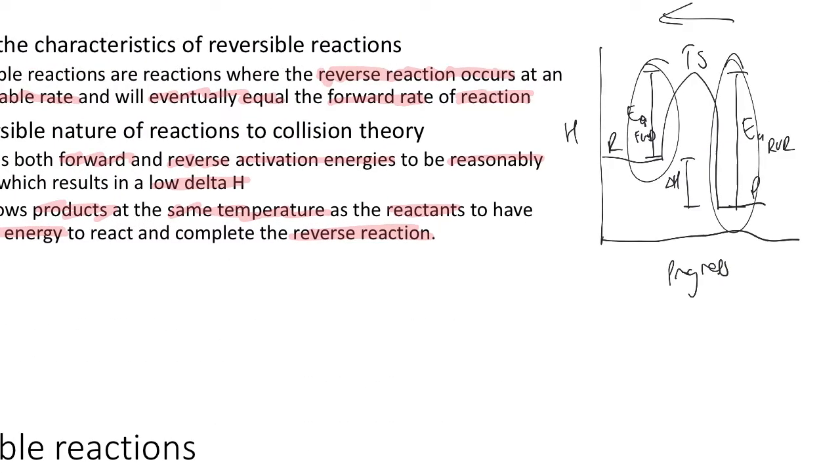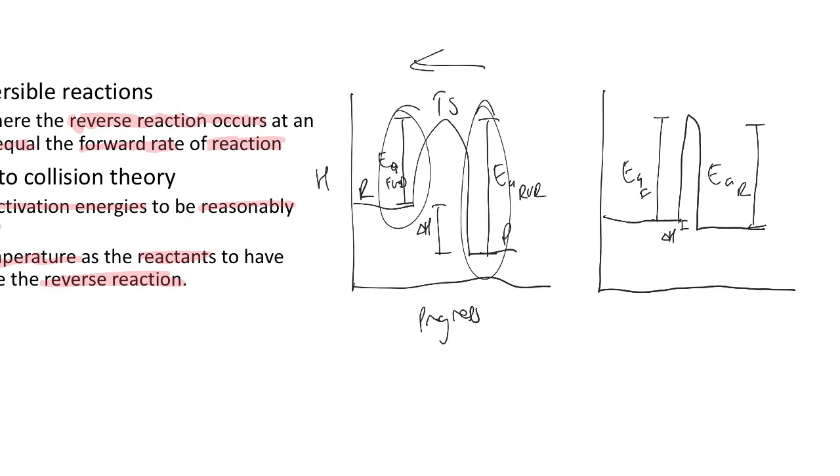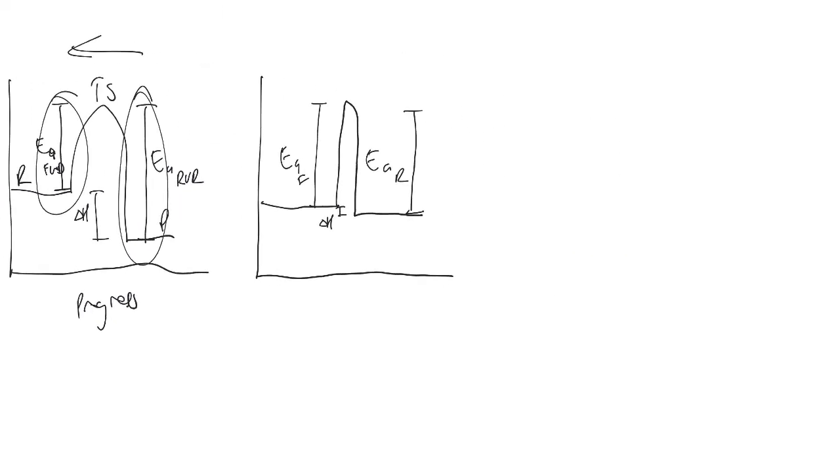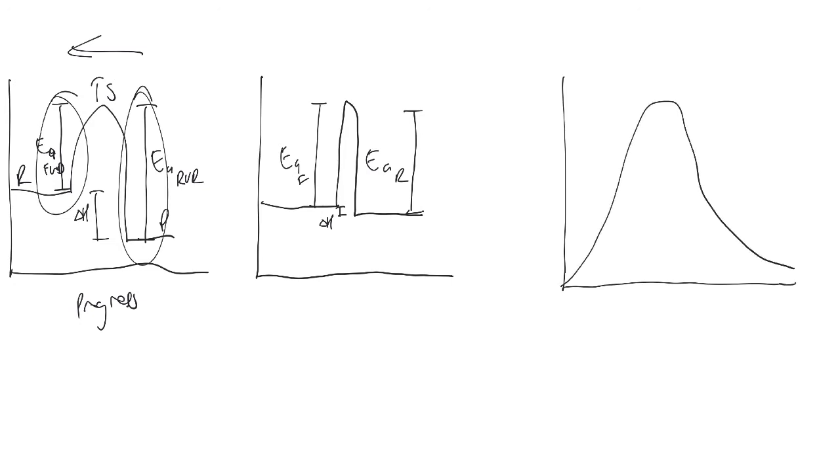So the idea is that the products and the reactants are going to be at the same temperature because generally they're just going to be in the same container under the same conditions. And if you think about an energy distribution graph, this will be for the reactants, and then I'll use a different color for the products.